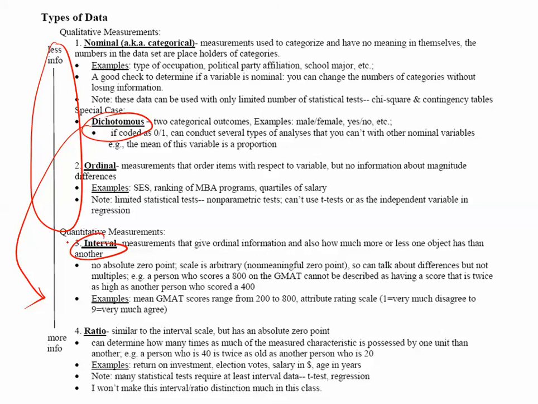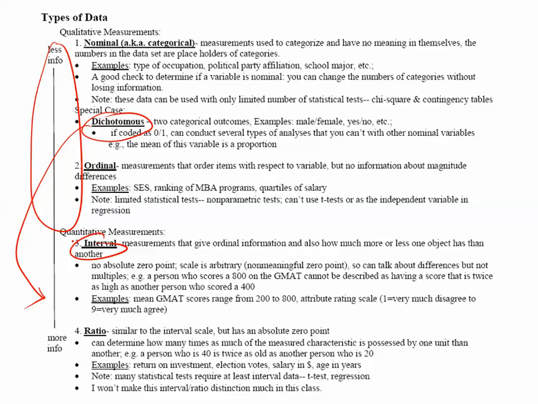Test scores are commonly on this type of scale. If I took the GMAT or graduate admissions test for business school, I wouldn't ever say I got a 0. 0 really has no reference. You'd get somewhere between 350 and 800, and you could say that a person that scored a 400 and a person that scored an 800, the person that scored an 800 was twice as high as the 400, but it really has no absolute point.